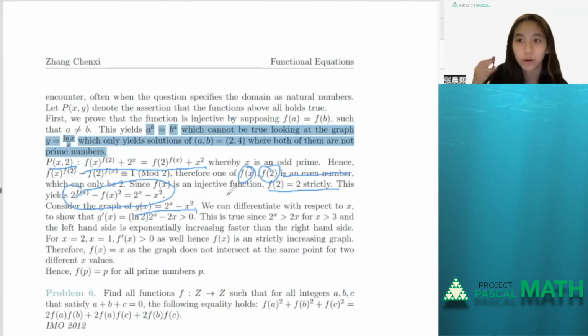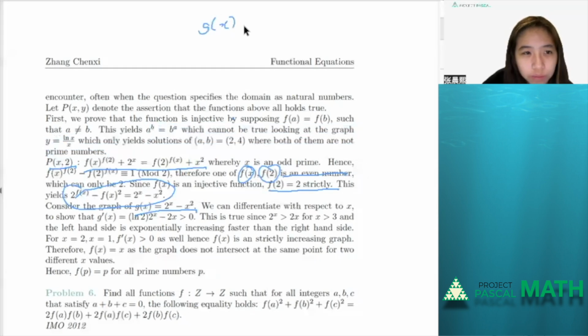And again, you use calculus ideas. I know it's kind of poisonous to use calculus ideas, but once you look at this graph, it's easier to use calculus ideas. So you had g(x) equals 2 to the power of x over x to the power of 2.